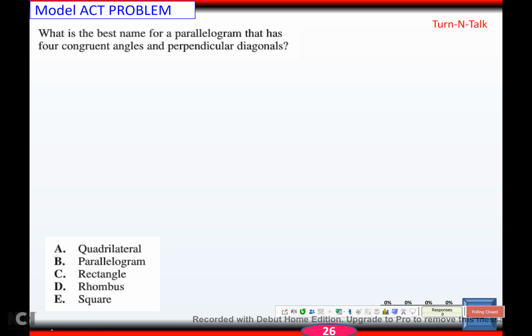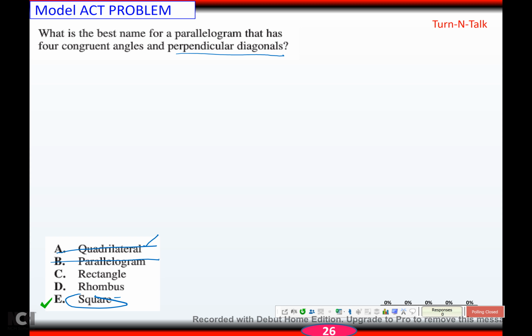And hopefully you got a square. What is the best name for a parallelogram that has 4 congruent angles and perpendicular diagonals? Well, that's got to be a square if you look at your definitions. The quadrilateral just has to have 4 sides. It doesn't necessarily mean that they're congruent or that their diagonals are perpendicular. The parallelogram won't necessarily have 4 congruent angles.